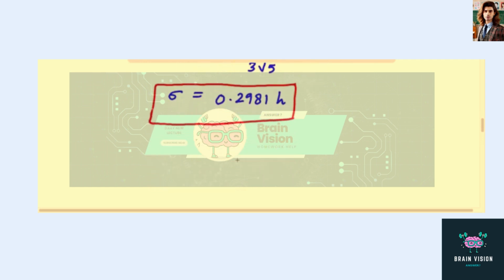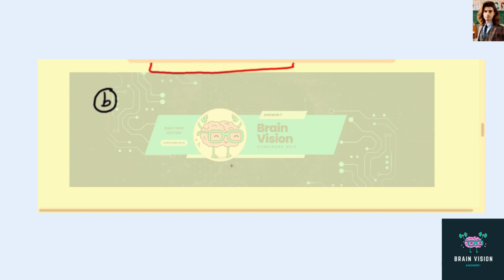Now the B part of the question is: what is the probability that a photograph selected at random would show a distance x more than one standard deviation away from the average? So suppose there is a distribution like this, and this is the mean value of x.